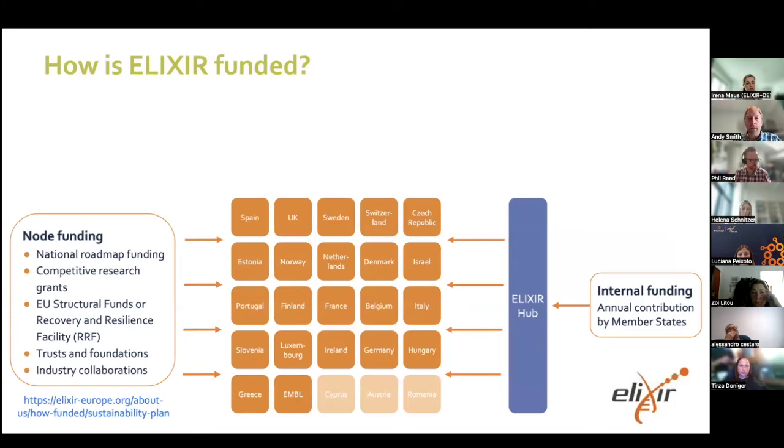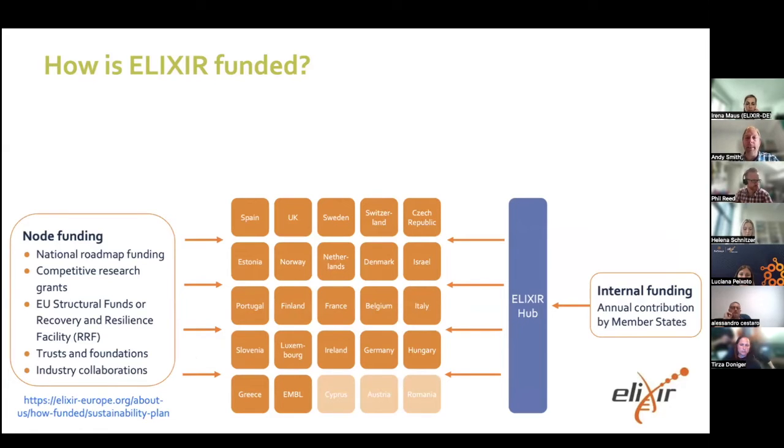So it's interesting to look at how Elixir is funded, and that also helps to explain structure and how Elixir operates in practice. So we have a node in each country, and it's those nodes themselves that run the services. So there's probably 500 services, more than that, in Elixir: databases, software tools, training courses, standards, compute facilities, data management expertise.